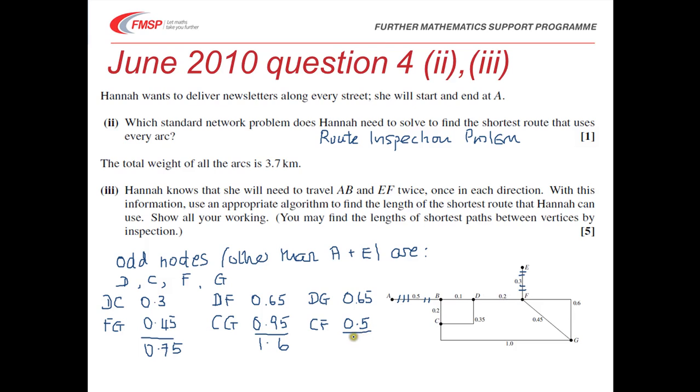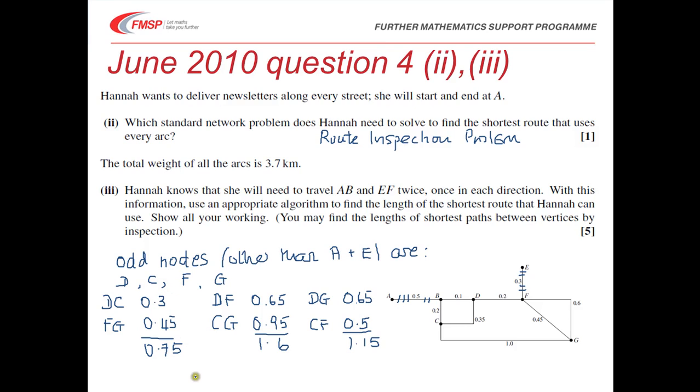So you're always looking for the shortest one. So that's a total distance of 1.15. So now we want to take the shortest one. So quite clearly this is going to be the shortest, isn't it? So these are the ones that we're going to do.